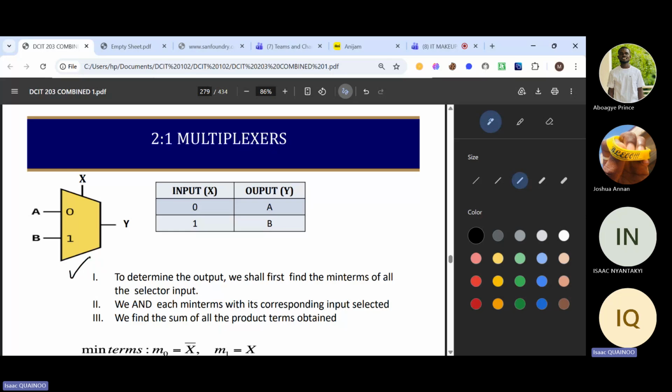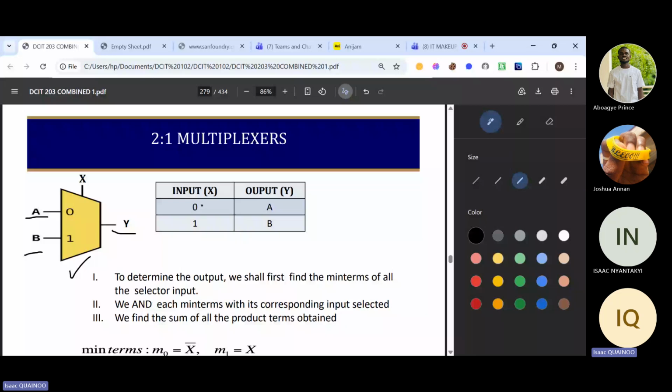So if we have input A and input B, and then the corresponding output is Y, if our selector, which is X here, is showing 0, then data line A will be selected, which is 0.